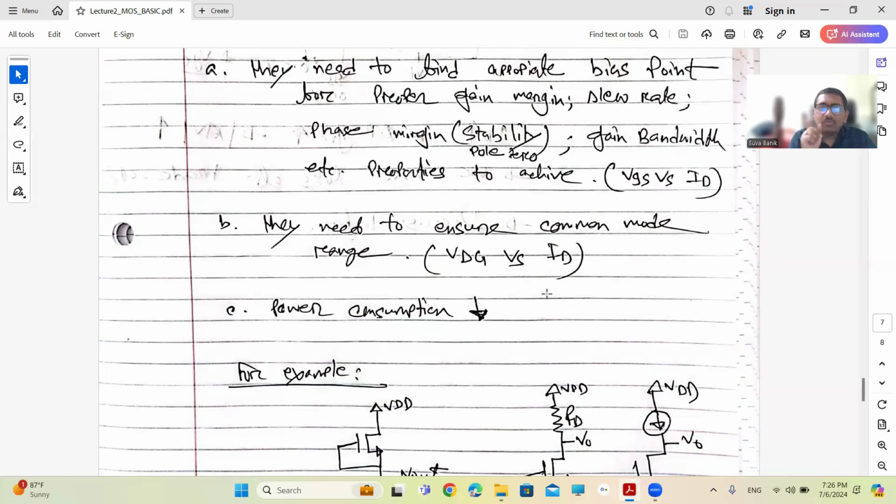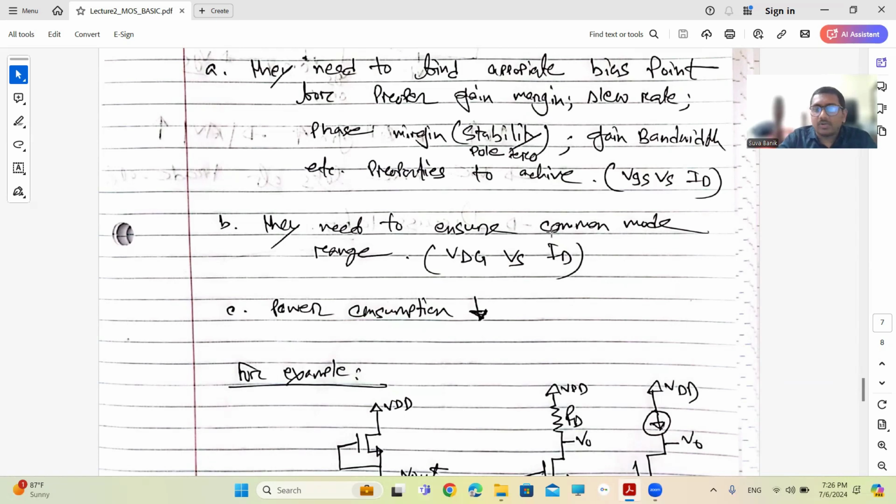I will discuss each and everything in my upcoming lectures, what these terms are and how we can do that. For the time being, just know that it's some property of a circuit. To achieve this, we need these two curves.